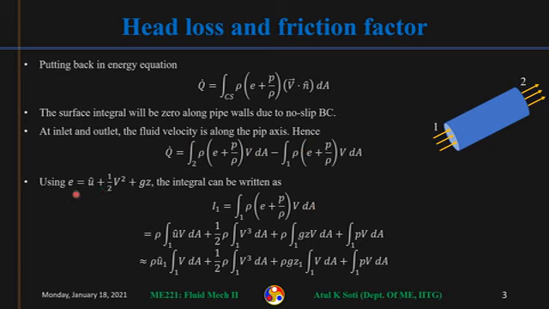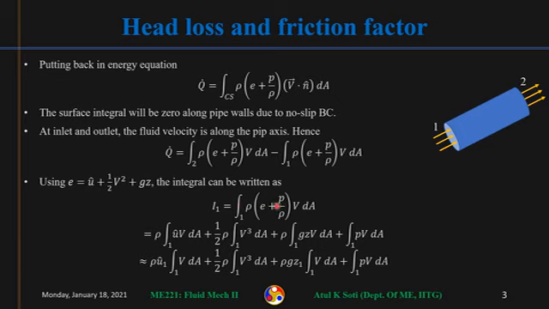And recalling the definition of energy, E is made of three components: the internal energy U hat, plus kinetic energy half V square, where V is the magnitude of fluid velocity, and potential energy Gz. So this definition of E we keep here.